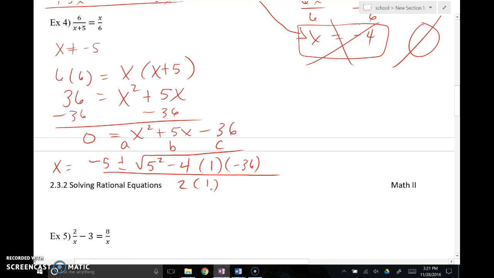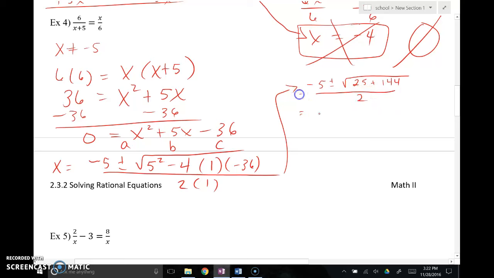All right, now I'm going to work my way from the inside out. So I'm going to simplify underneath the radical, the radicand, first. So I've got -5 plus or minus the square root of, now 5 squared is 25 plus 4 times 36. Well, 4 times 36 is going to be 144. So I've got 25 plus 144, all over 2.